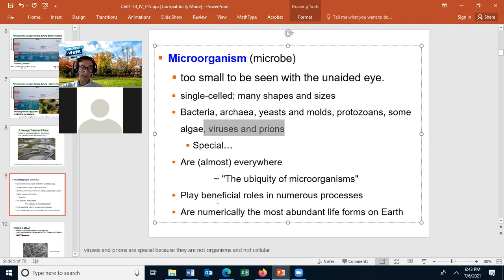Recycling of nutrients like nitrogen in the planet, the production of oxygen in the planet, and then the recycling of nutrients from dead materials and waste materials. So they play beneficial roles in numerous processes. And they're numerically the most abundant life forms on the planet Earth. You can find more microbes than any other form of life.